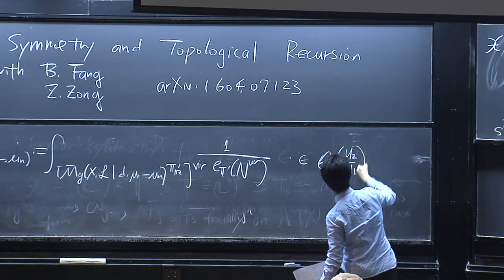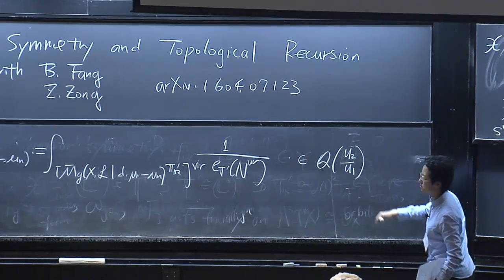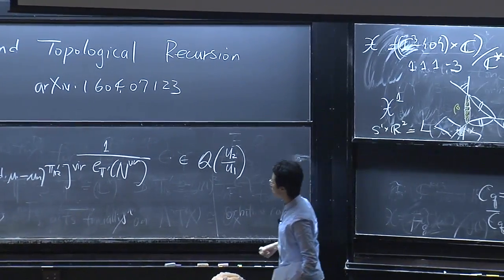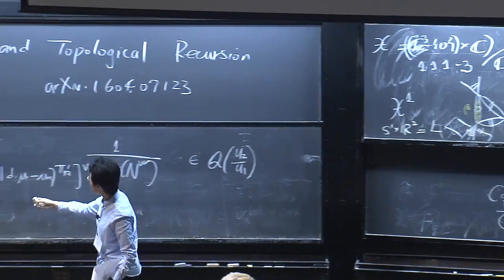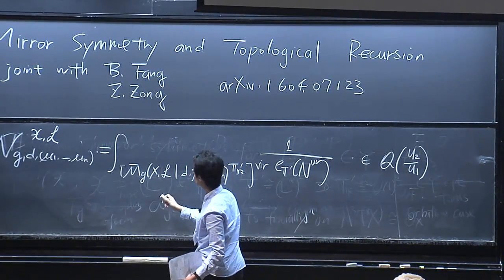It's actually a rational function in u2 over u1. Let me say geometrically what this parameterizes.